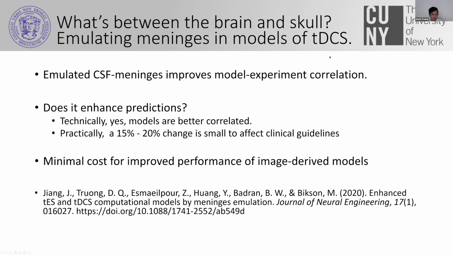So just to summarize everything, we found that we can actually improve the accuracy of these models by using an emulated CSF value. It's technically more accurate. Practically, it's a very small change. That said, this is a very minimal cost solution to take into account the effect of the meninges, to take into account some of the aliasing that typically occurs with these very, very thin layers.